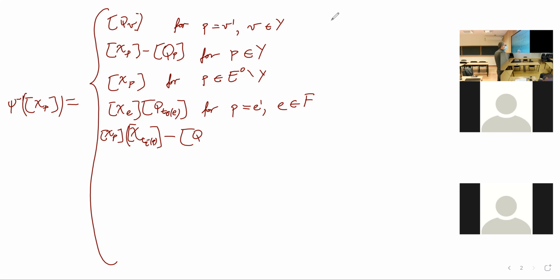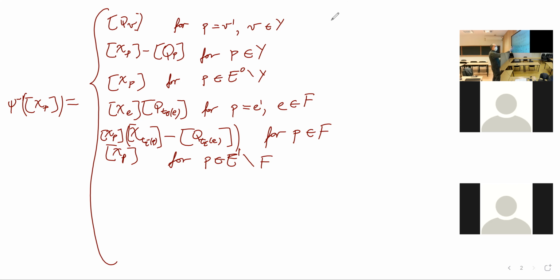So Q at T E of E. Okay, I close the parentheses, and now this is for P in F. And then it's just the class of chi P for P in E1 less F. And now I have to start these 3 formulas, and this time I should be able to fit it in.